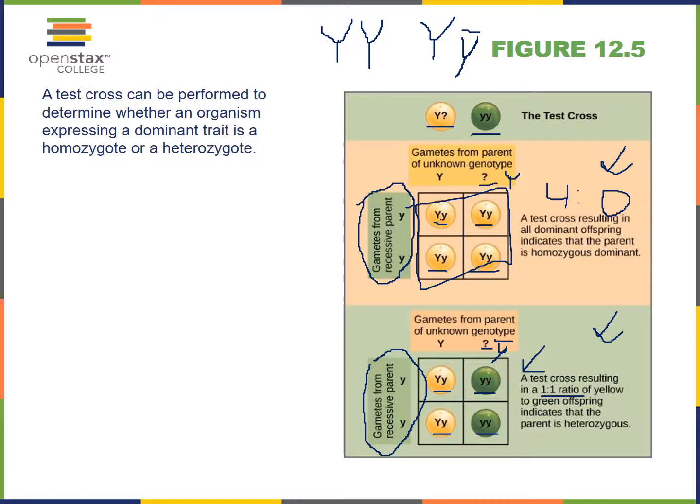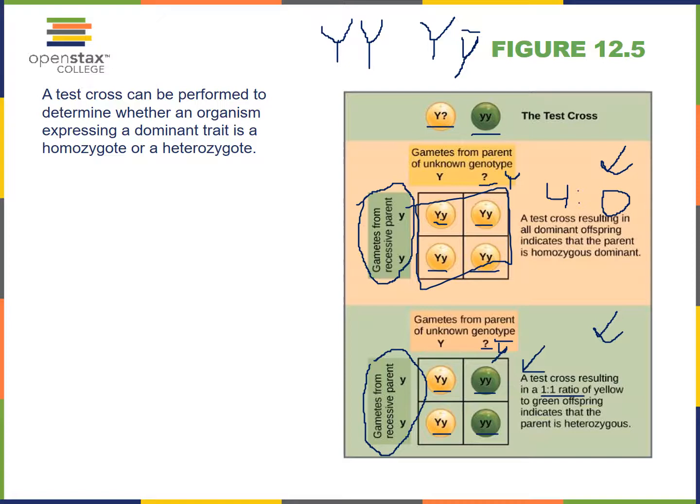So this is what a test cross does. It tells you the genotype of a parent displaying the dominant phenotype. If it's displaying the dominant phenotype, you don't know if it's homozygous dominant or a heterozygote, and the test cross will tell you.